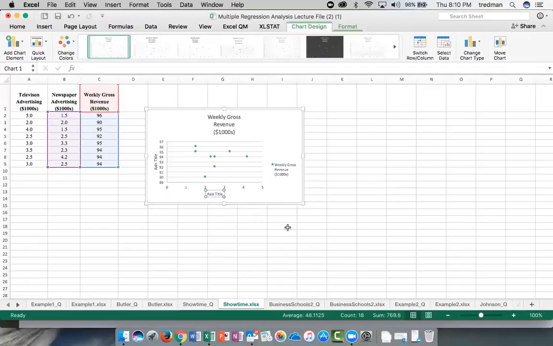This is newspaper advertising, that's in thousands of dollars.